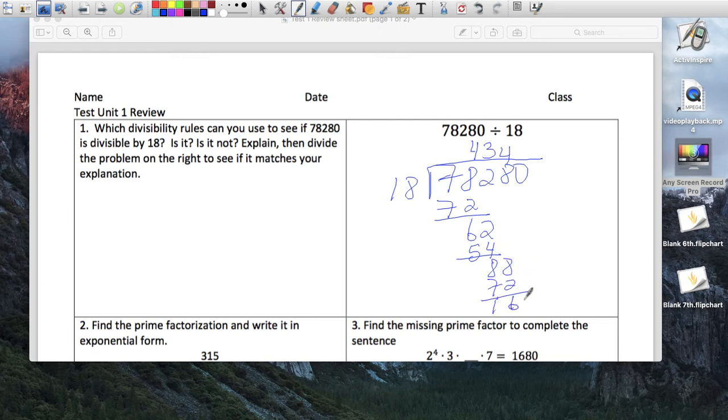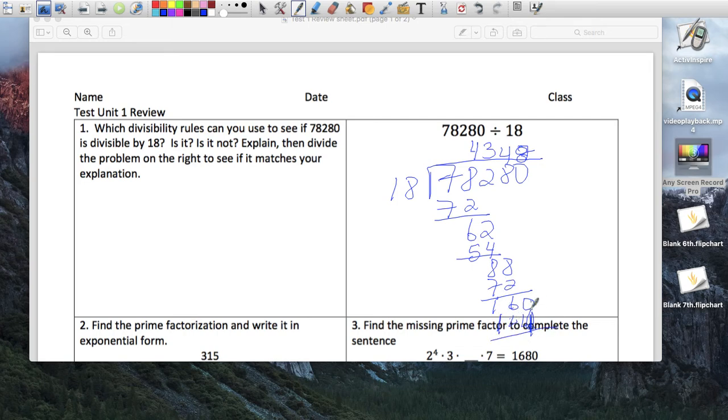This is going to be 16, 0, and that looks like an 8. 64, no, it's going to be a 7. 7 times 8 is 56, goes 5, 126. No, it could be an 8. 8 times 8 is 64, and this is 144.